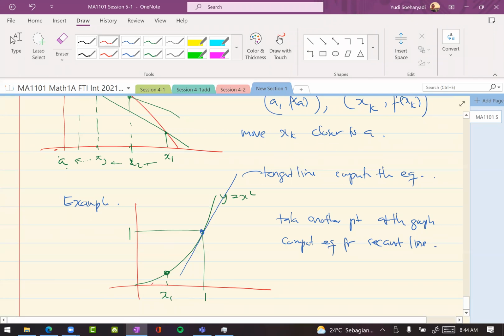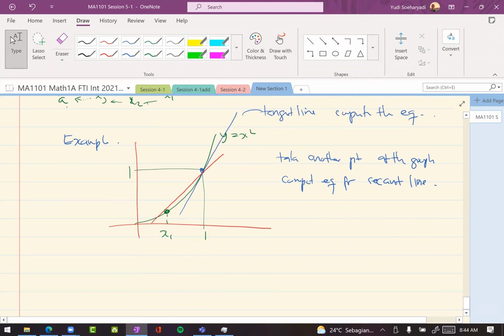So the slope for the secant line is this delta y over delta x.